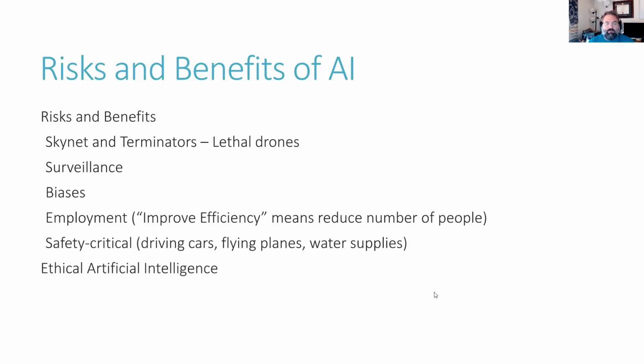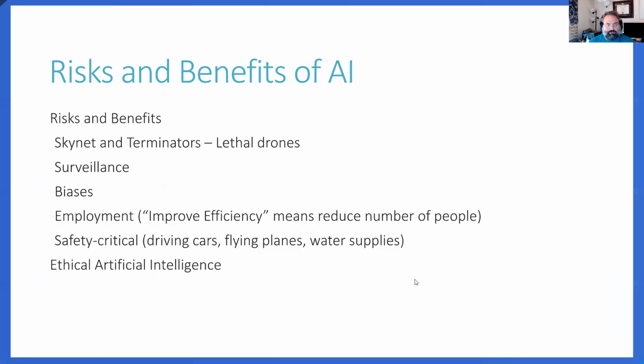For each one of the negatives, they're not necessarily Skynet, but in the case of surveillance, maybe it's increased safety and so on if done in the appropriate way. And employment, losing jobs may also mean improved bottom lines for organizations, and shifting of jobs from things that are potentially repetitive to things that are not.